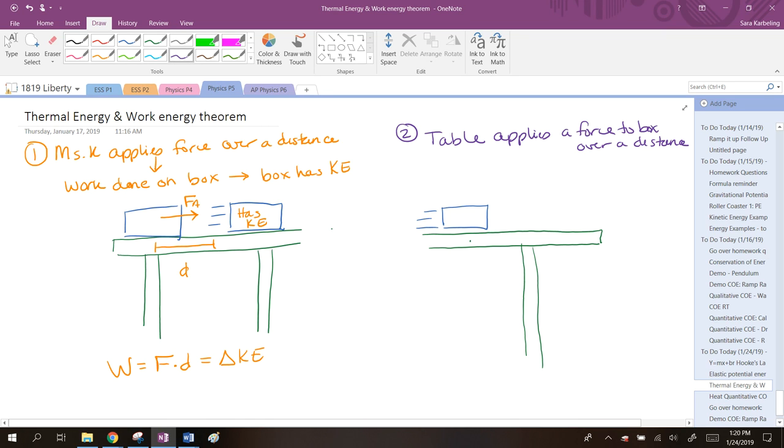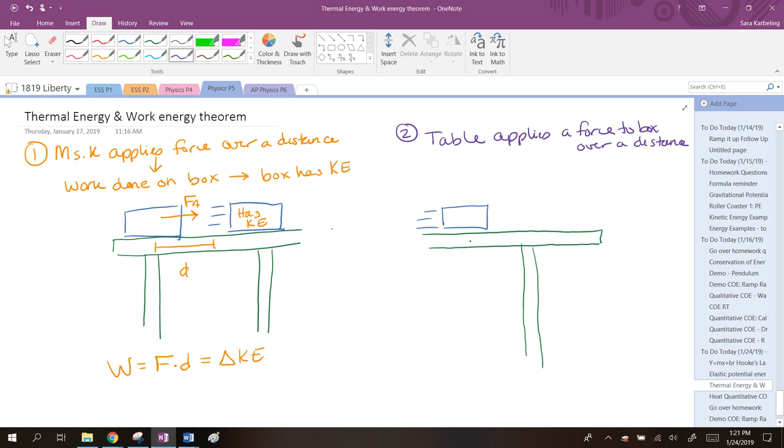Which way does the force push or pull on the box? To the left. Why? Because it's a friction force, so it goes the opposite direction of the box's motion.